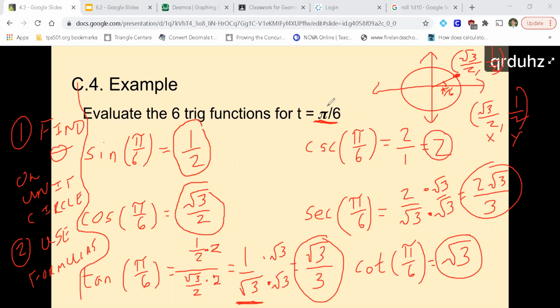You find the angle that they give you on the unit circle, find its x y value, and then you use your formulas to get your 6 answers.